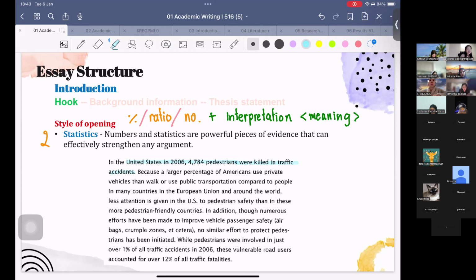So the reason it would be better to provide meanings or some kind of interpretation of the number is that it would help prevent misunderstanding. Because sometimes a number from one context or background might mean low, but in another context, it might mean high, which is a bad number.